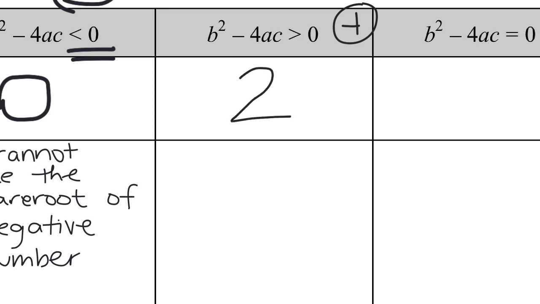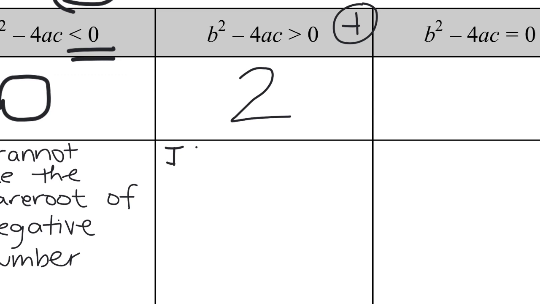There will be 2 spots where your parabola intersects with the x-axis. The reason is, if there's a positive number under the square root, you can take the square root and have an answer that comes out positive. You can have an answer that comes out negative. You can have 2 answers that are positive, or 2 answers that are negative.